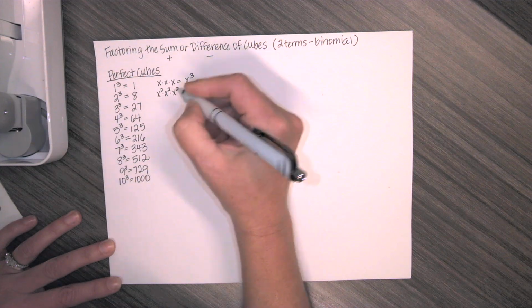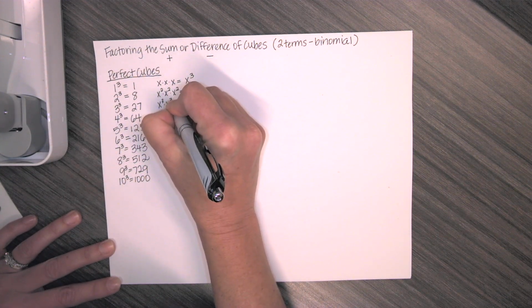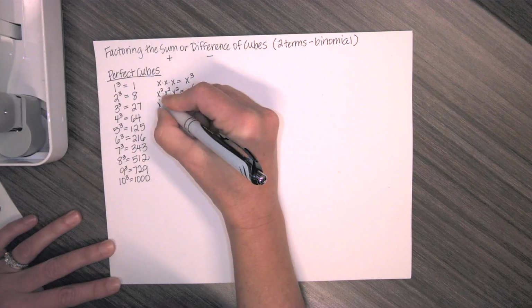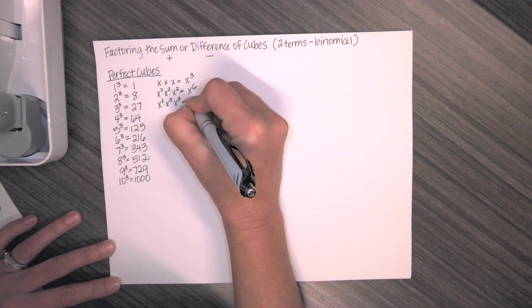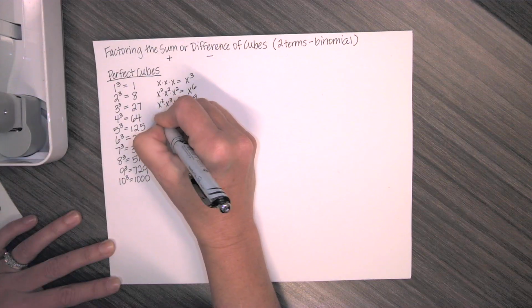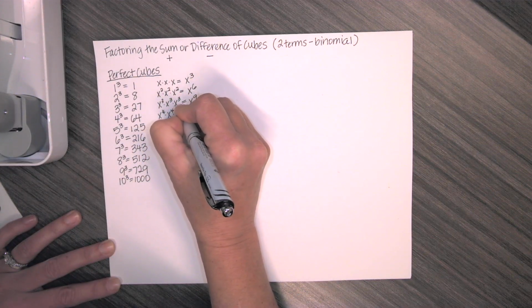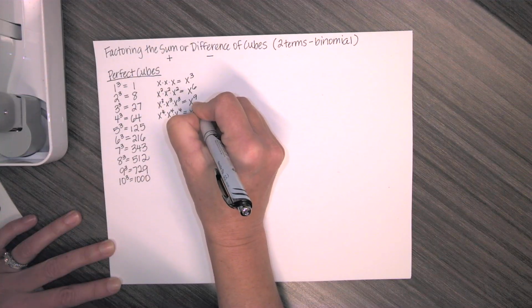That's a perfect cube. If we multiply x cubed times x cubed times x cubed, 3 plus 3 plus 3 would be x to the 9th. That's a perfect cube. The next one would be x to the 12th.